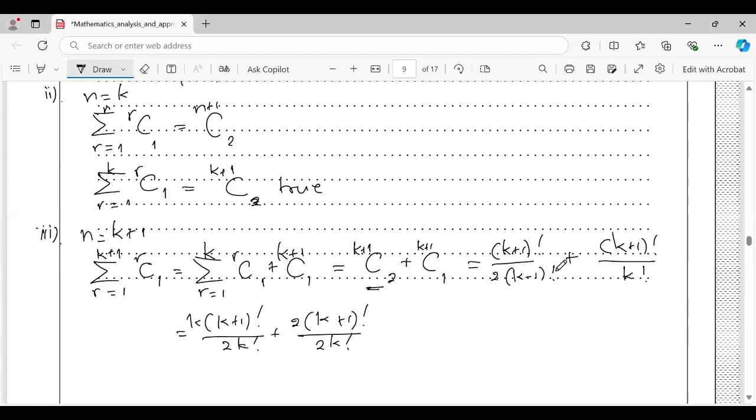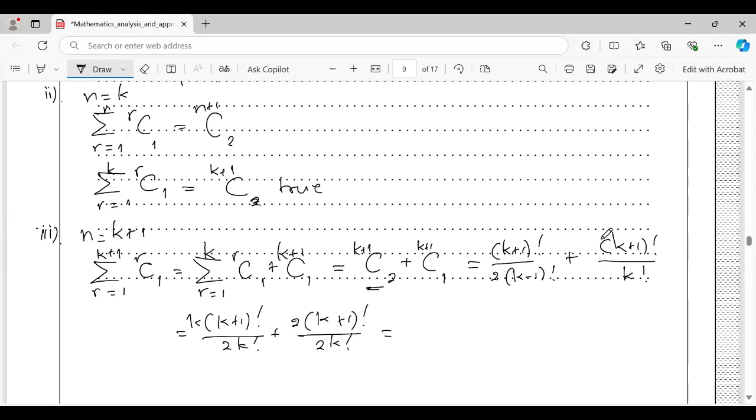I recall this according to factorial rules. They have the same denominator. This denominator is 2k factorial. This denominator is k factorial.